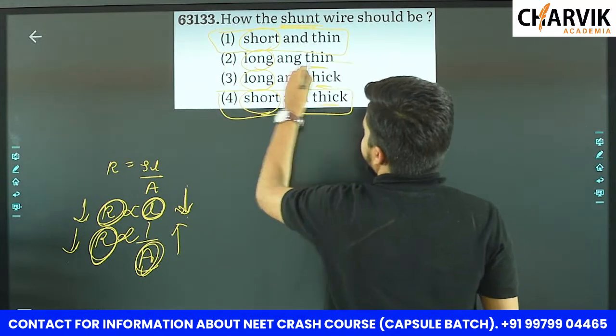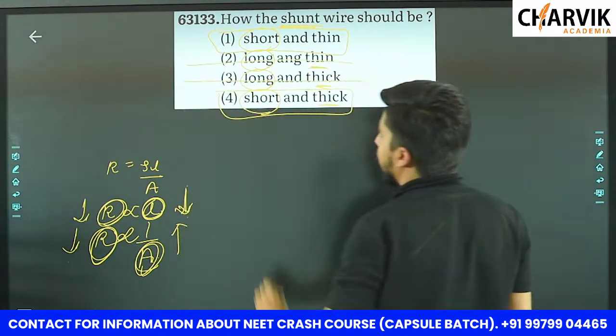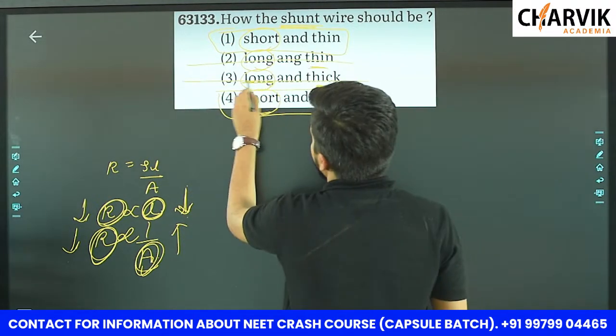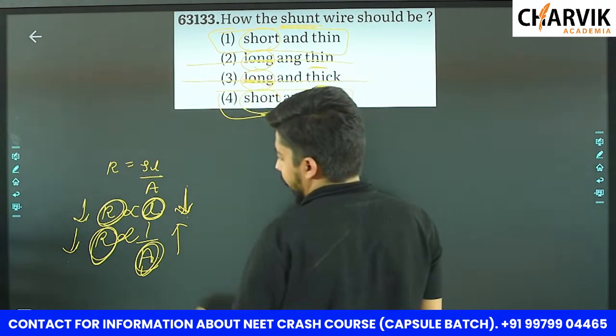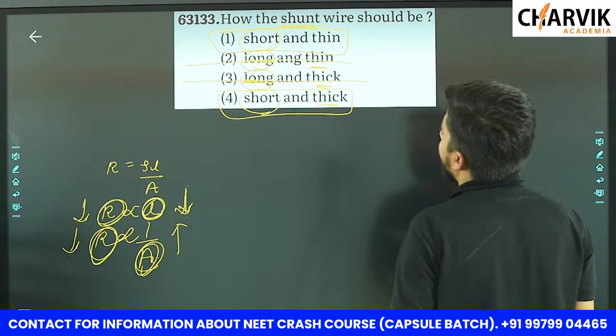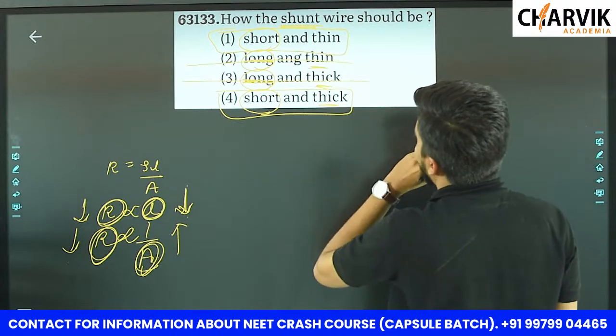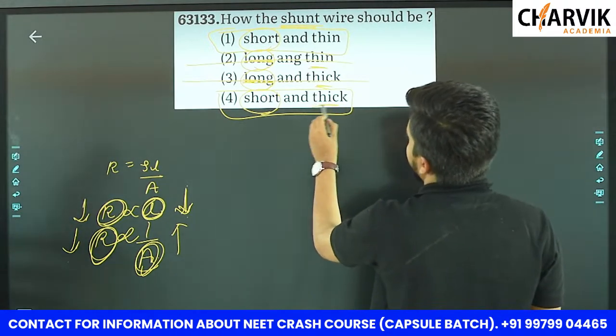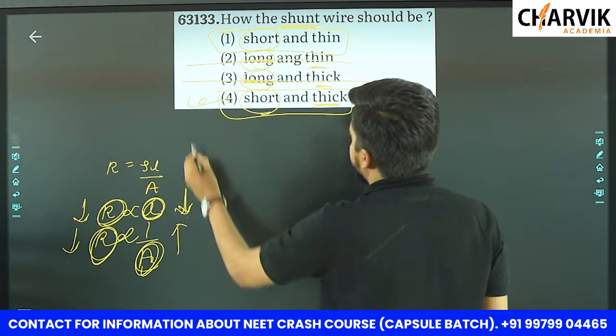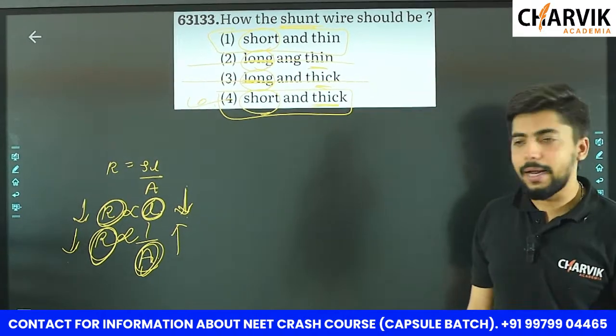Options which have a long length are not the correct answer. We need more area, that means a thick wire. So the answer number 4, short and thick, is the correct answer.